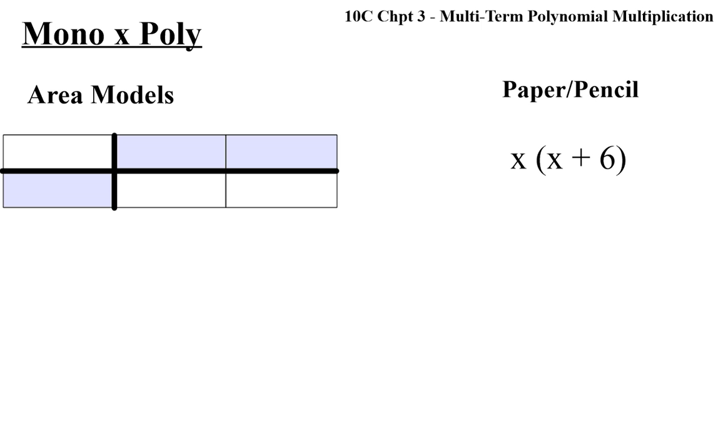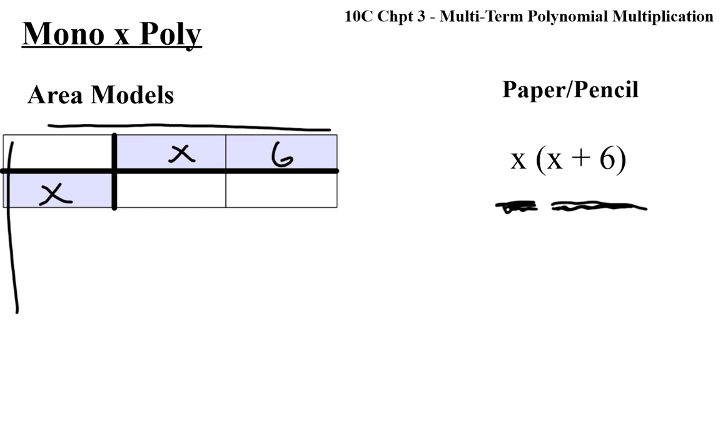With an area model, we have here x times x plus 6, monomial times a binomial. In this grid, I can put the first factor, x, along one axis, and then put the x plus 6 as the individual terms along the other axis.